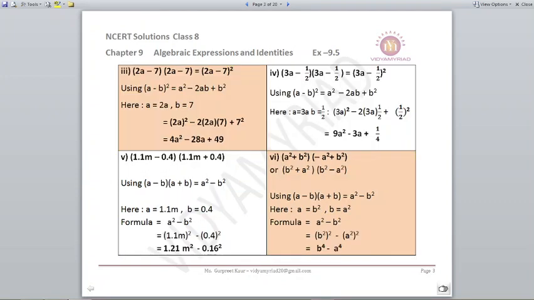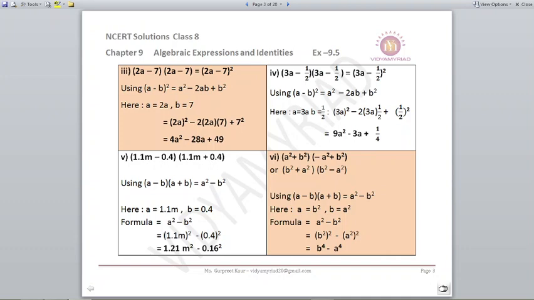Third part, (2a - 7)(2a - 7). Both are same, so I can write it as (2a - 7) the whole square. So this is the category of (a - b) the whole square. So you need to learn this formula, a square - 2ab + b square. Now we will put the value of a and b in this.